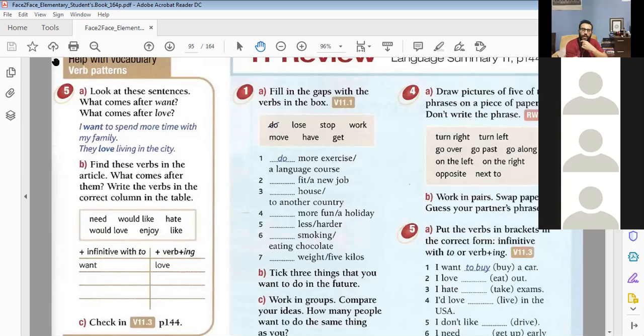لو مثلا قلت لك the police station is on the left، على اليسار، معناها حتجيك على يسارك. لو قلت the school is on the right، المدرسة على اليمين. If I say the supermarket is opposite the restaurant، مقابل المطعم.